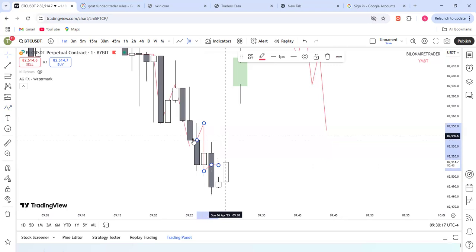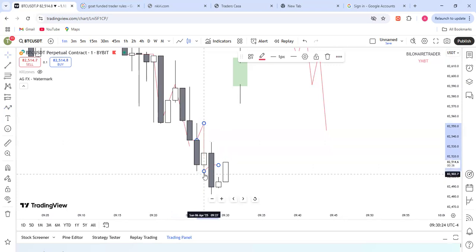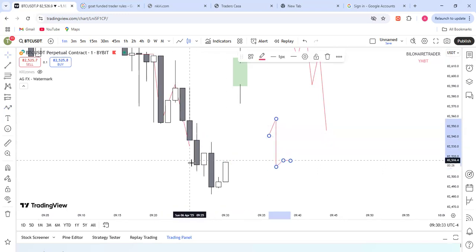It came here, opened, went up, came down to this point, then reversed again, and after 1 minute was completed, it closed here. And that is why it gave us this bearishness. That is why we have this wick.